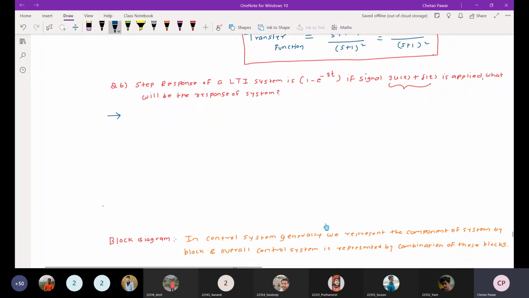So here the step response is 1 minus e raised to minus 3t. This will be the step response.